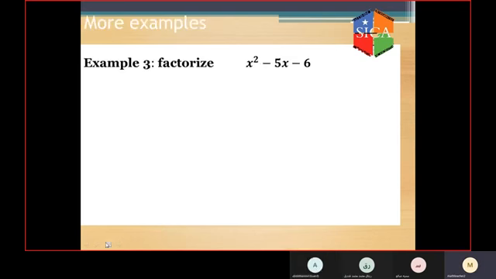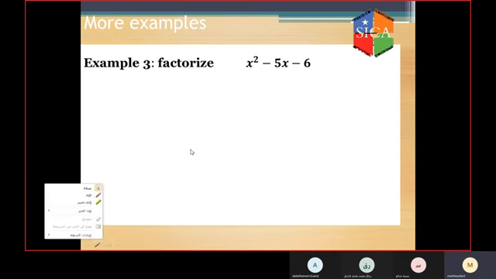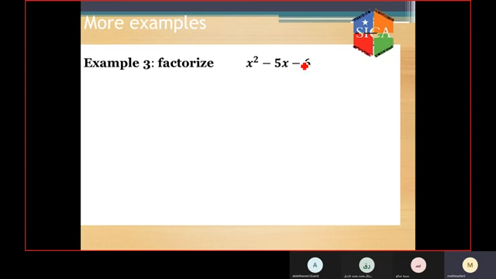Here the last term sign is negative. So we search for two numbers whose product is 6 and whose difference is 5. First, we ignore the signs of the two numbers and look at the last term sign.